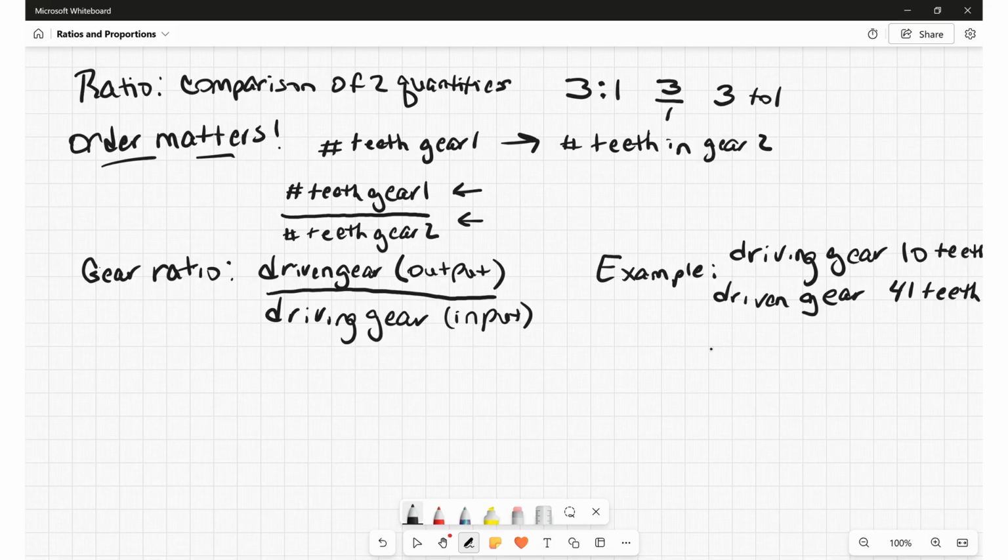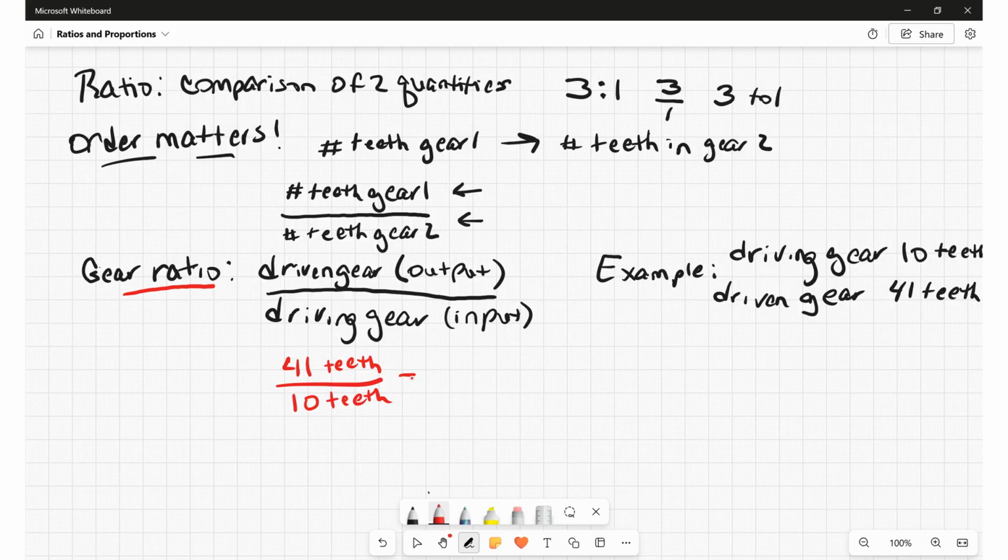So, what that means is that our gear ratio, okay, so now we're going to turn this into our gear ratio. So we have our driven gear, which has 41 teeth, and our driving gear, which has 10 teeth.